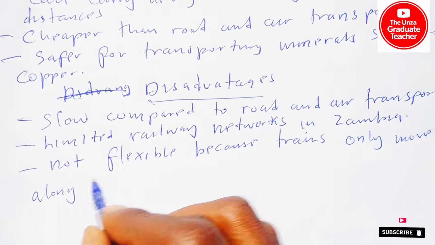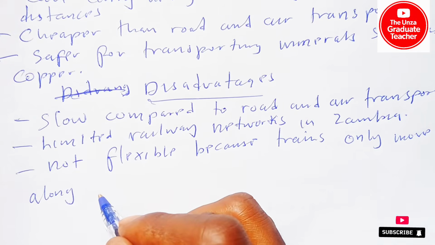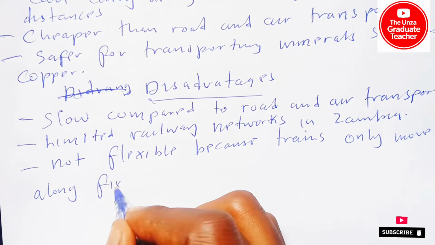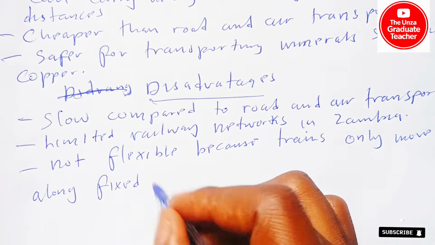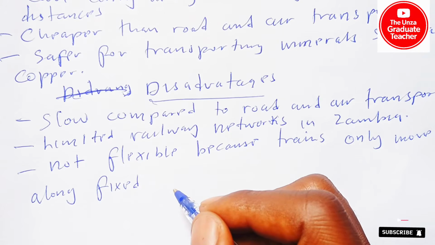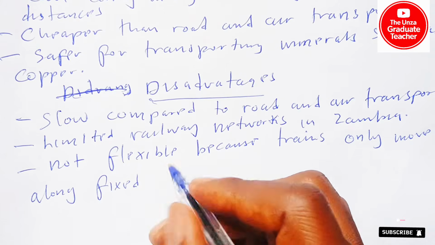As long as there is a railway, that's where a train can pass. It cannot go anywhere. So you say not flexible because trains only move along fixed tracks.